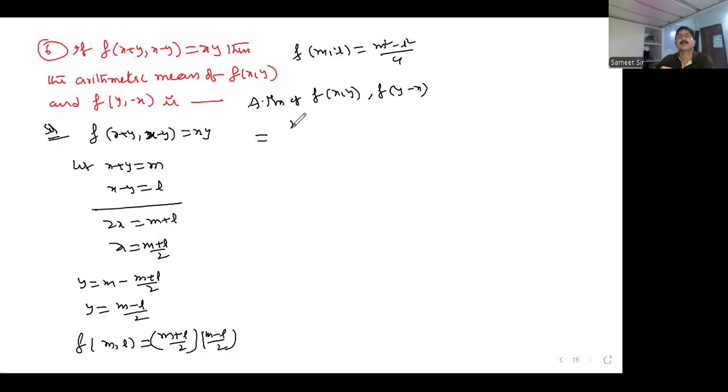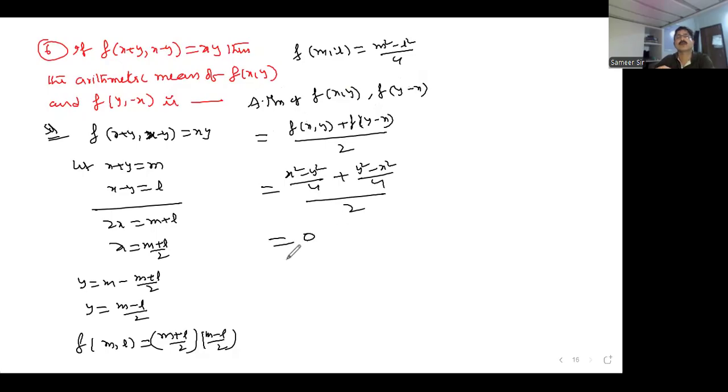Simple. f of x y plus f of y minus x divided by 2. What is going to happen? x square minus y square by 4 plus y square minus x square by 4, by 2. 0 you are getting. Answer is 0 now.